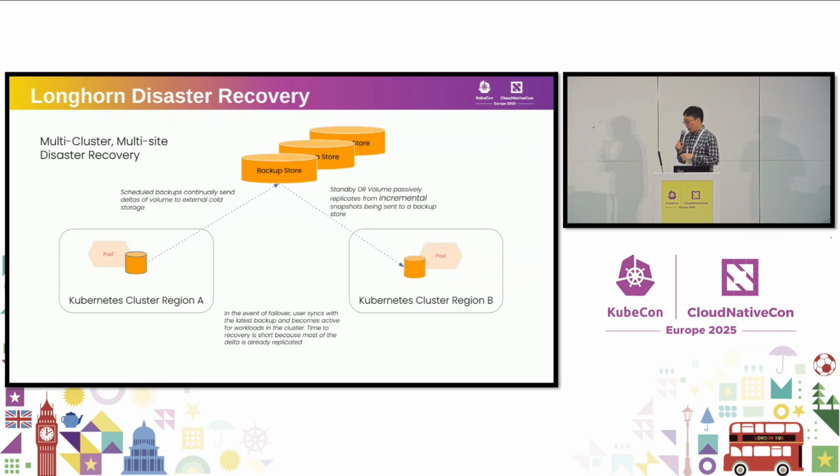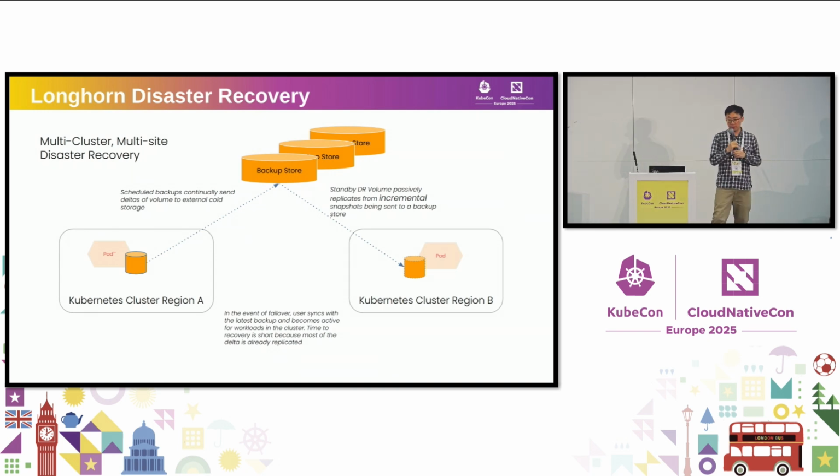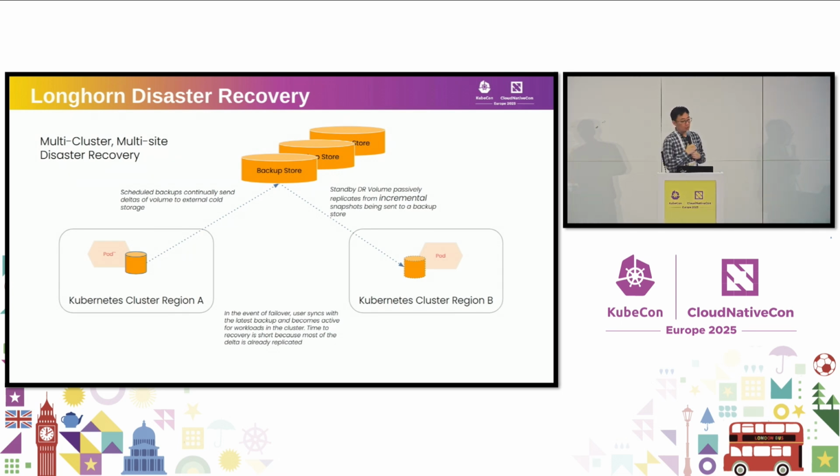Okay, disaster recovery. In the past, we only supported one backup target, but in the latest version 1.8, we support multiple backup targets. Because a lot of users want to have backup tiering. They have some data that is cold data, some hot data, so they want different management for the data backup. It also comes with the following questions.